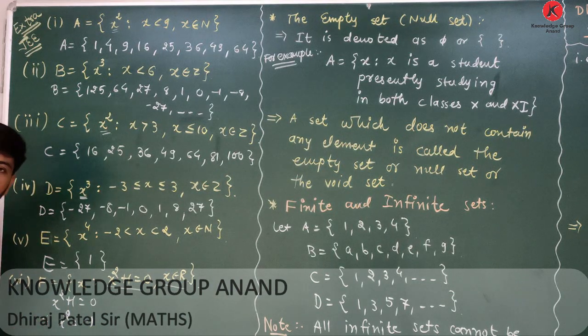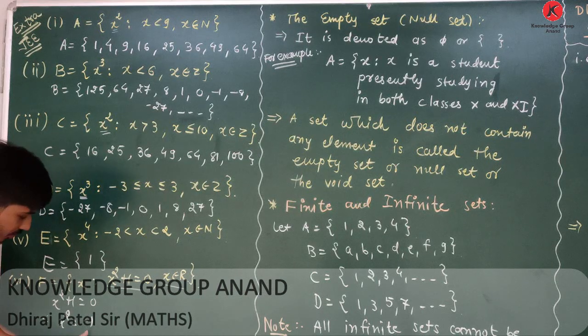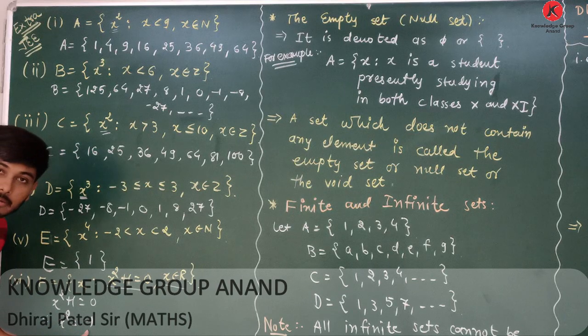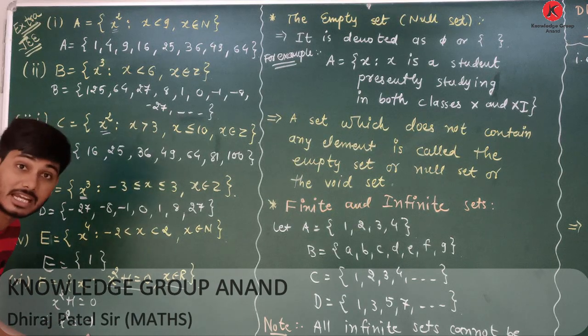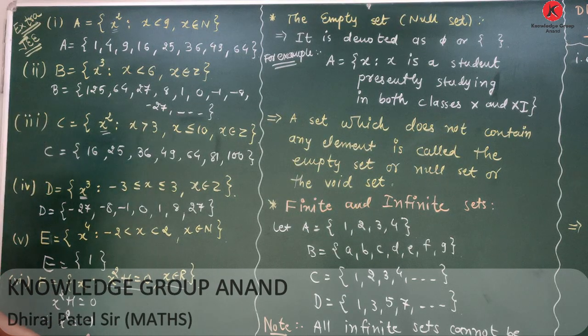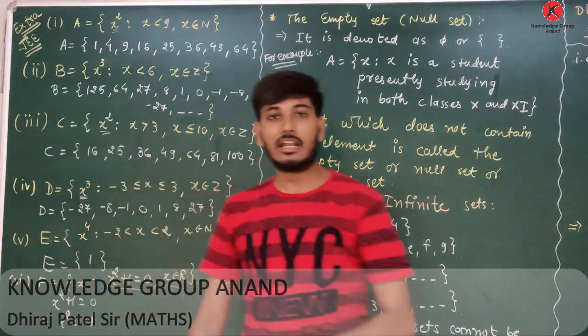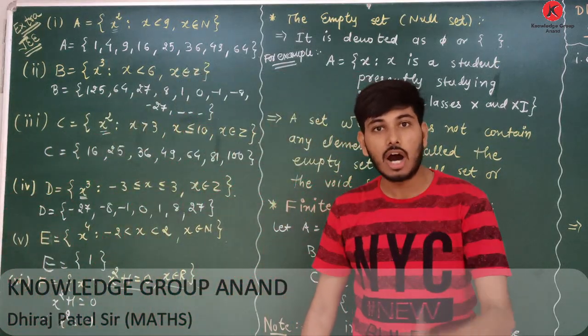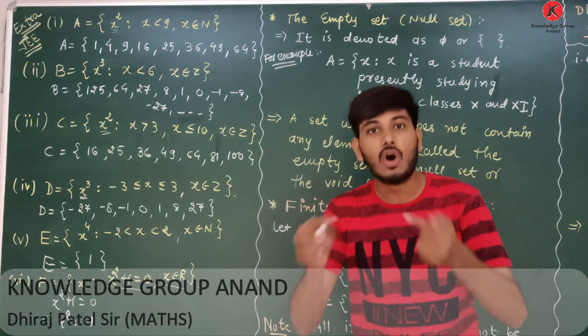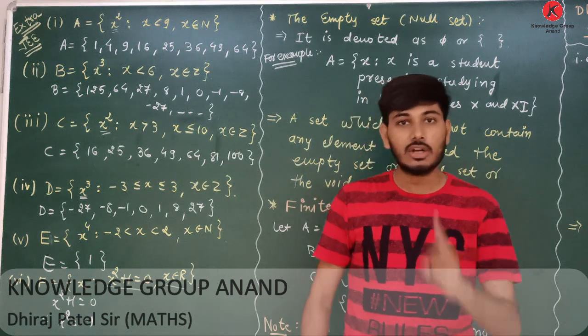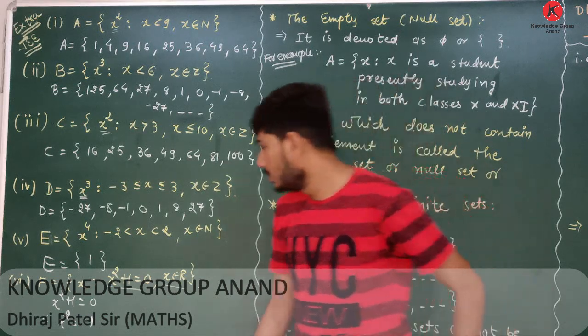Square of any real number equal to minus 1, that means negative, is not possible. Square of any real number must always be positive or equal to 0. It cannot be negative.